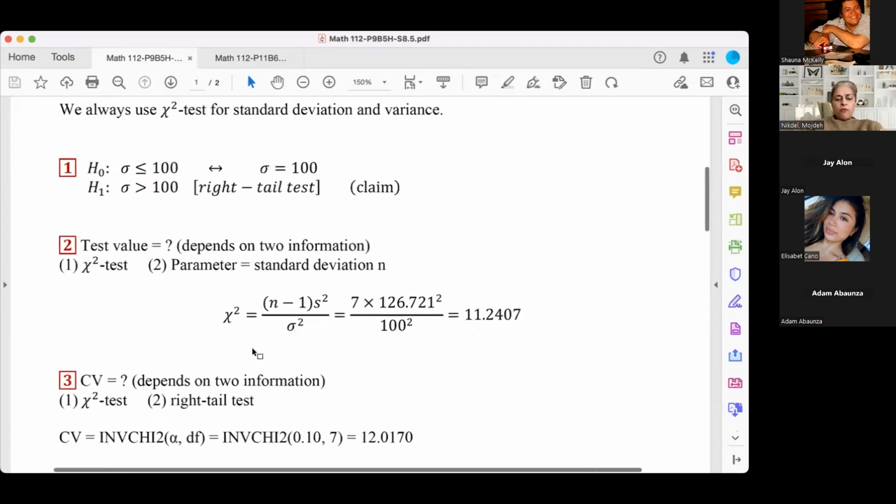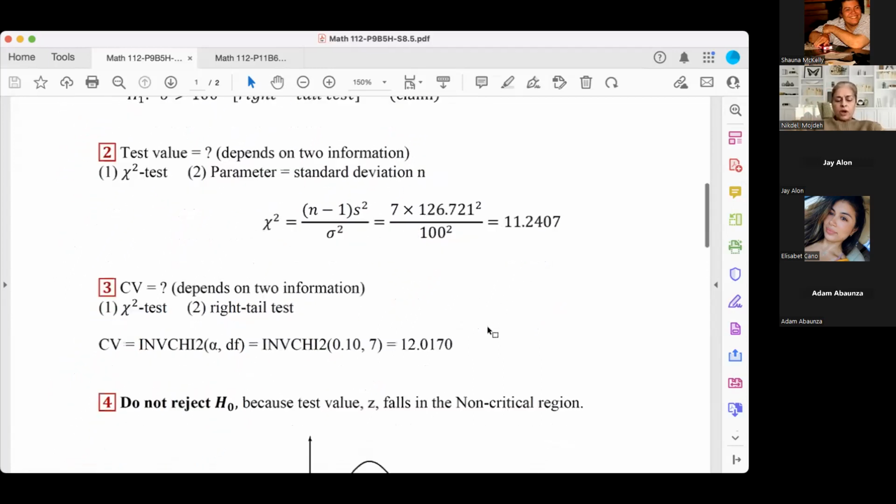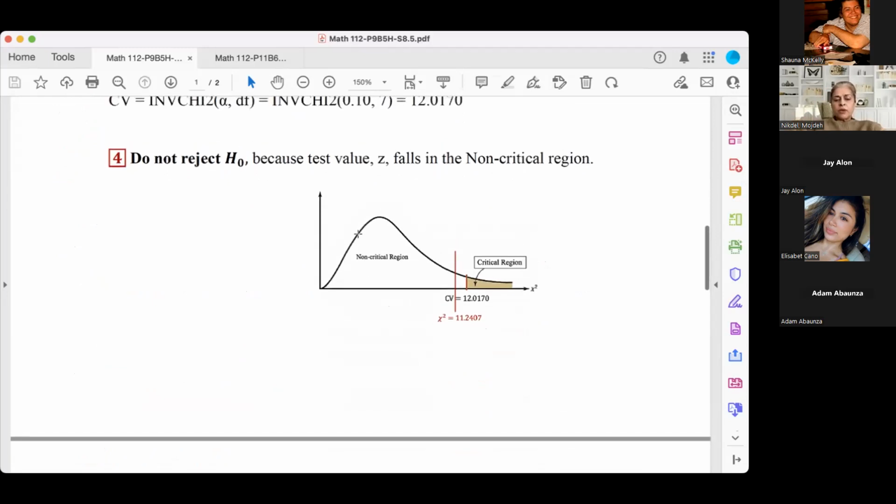With the traditional method, you draw your chi-square curve, which is a positively skewed curve, and you locate your critical value on it, and you also locate the test value.